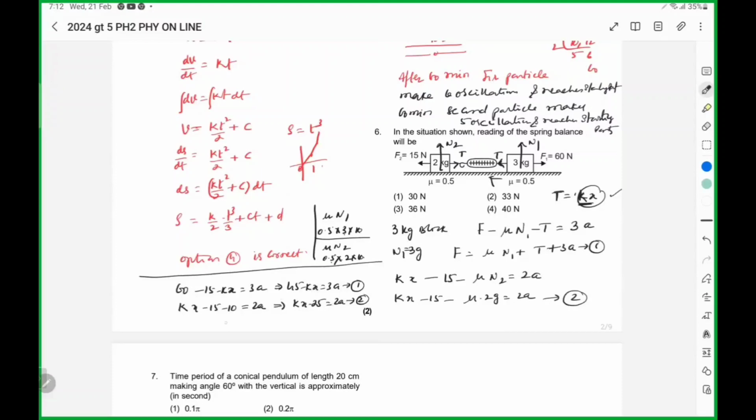Adding these two, we get 20 is equal to 5A. Acceleration is 4 meter per second square. Once acceleration is 4, Kx is 25 minus 3A, that is Kx is 3 into 4, 12, 30. So that is the reading in the spring balance, the restoring force.